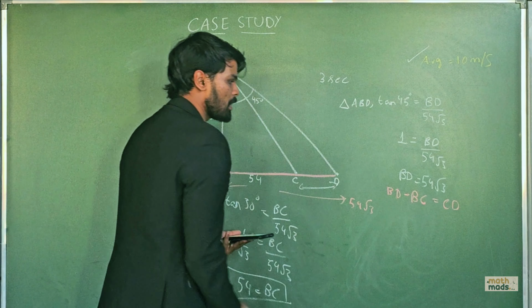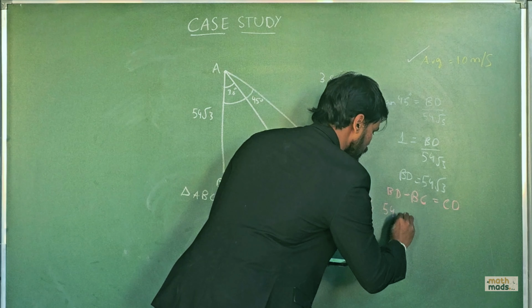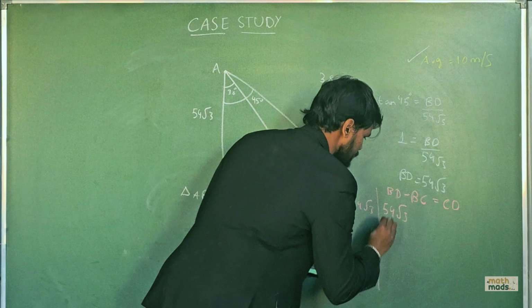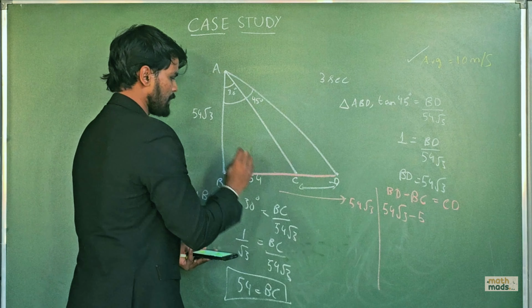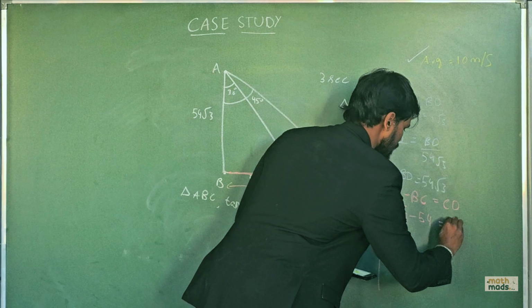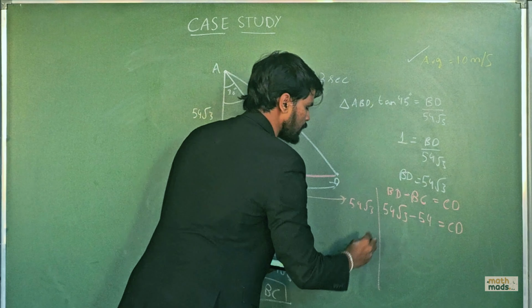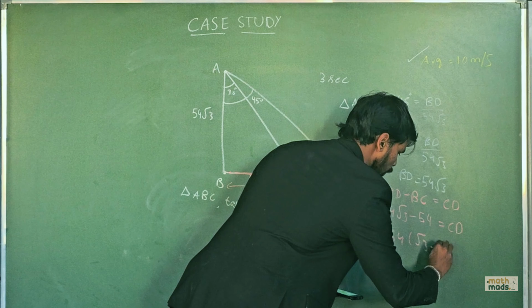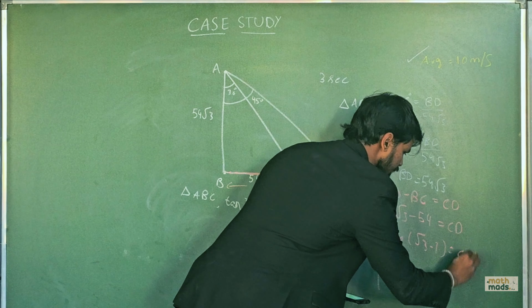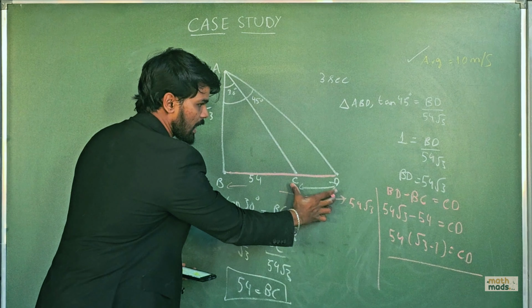Let us substitute the values here. BD is 54 root 3 minus BC, which is 54, equal to CD. We have 54 common here. So 54 into root 3 minus 1 is nothing but CD. So this is the distance traveled.